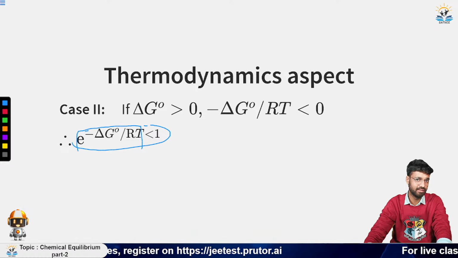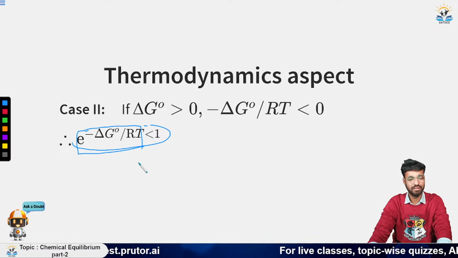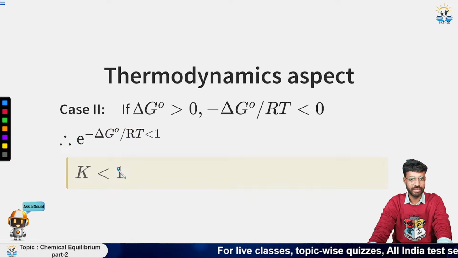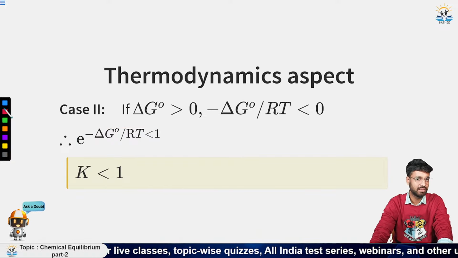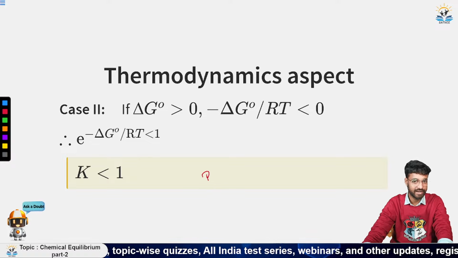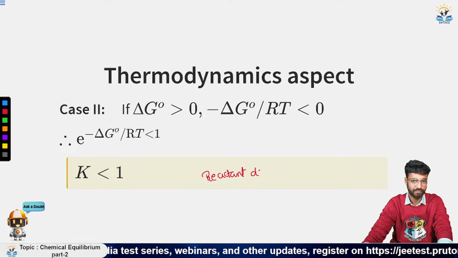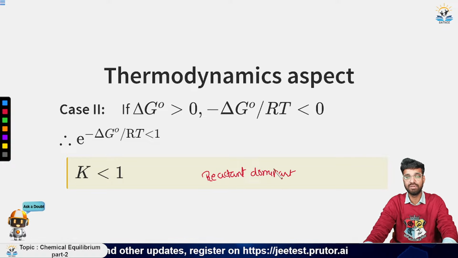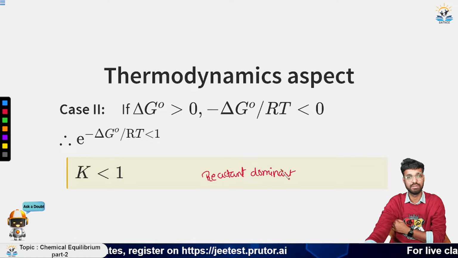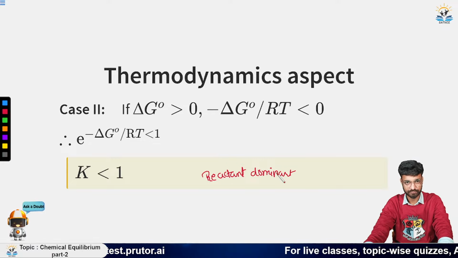Since this is equal to K, that means K is also less than 1, which means it is a reactant dominant reaction. That means reactant will be formed in greater amount. So these are the two cases of delta G naught.